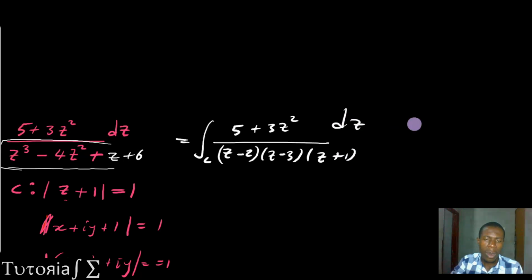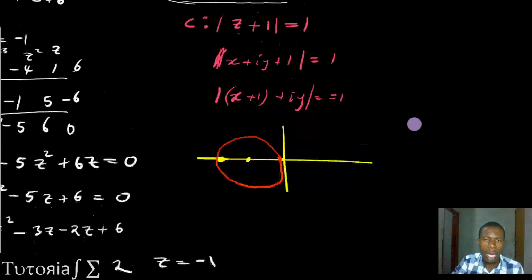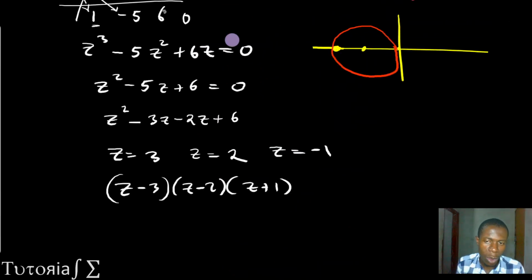Now we need to determine if these poles are inside or outside. Basically, their residue will be 0.